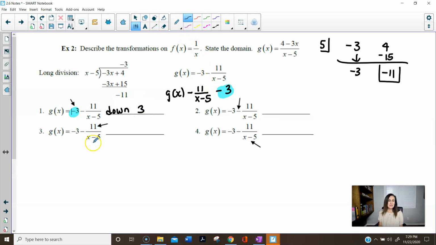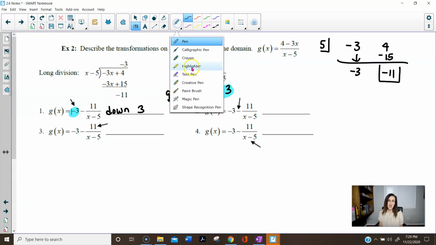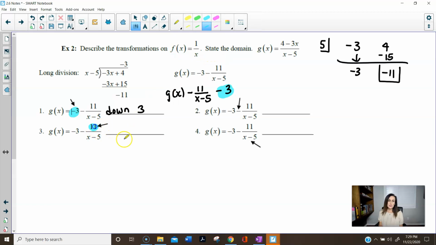The 11 in the top is your vertical stretch. So looking at that 11 in the top, you have a vertical stretch by 11. The negative out in front, that's going to reflect you. That's like this negative out here in front.